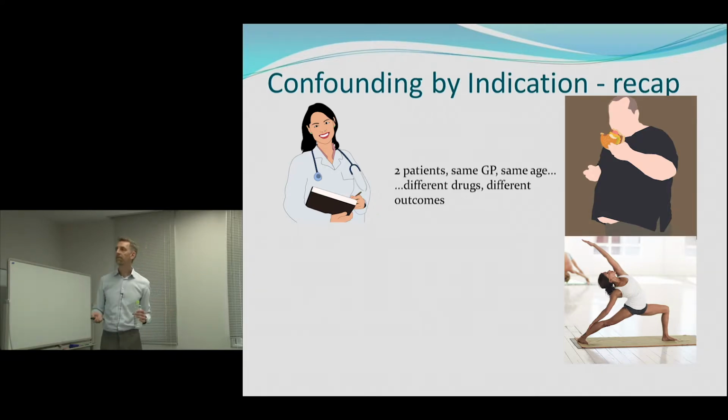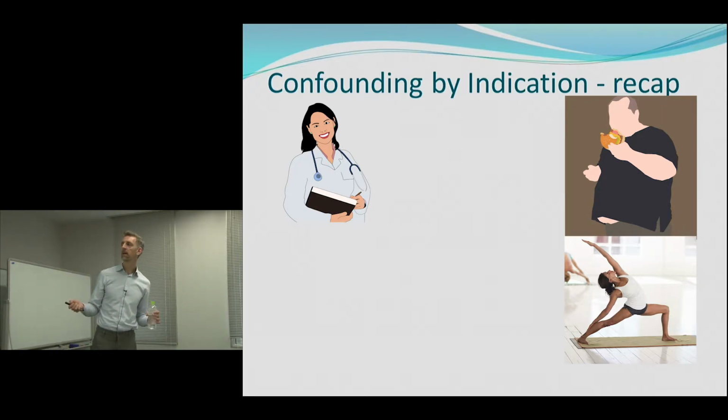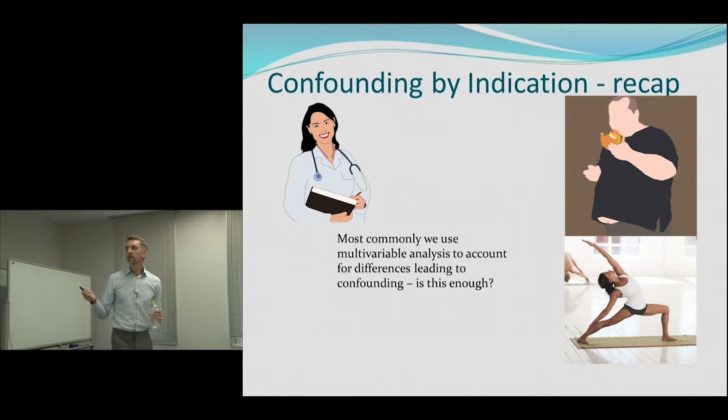Okay, so let's say they're the same age, they've got the same GP, but if they go see their GP on the same day, I hope that the GP is going to give him a statin. I think she's only gone to the GP because she's going on a yoga retreat and she needs a vaccine for whichever country she's going to. She doesn't need a statin. So they're quite different people.